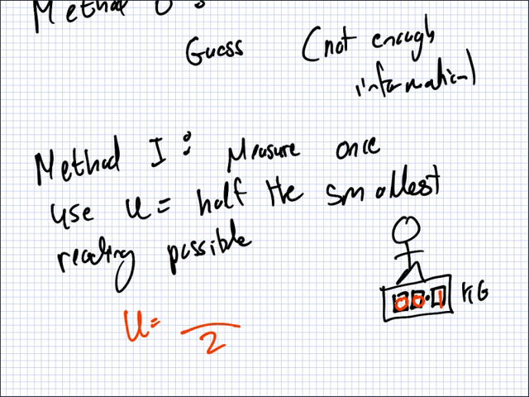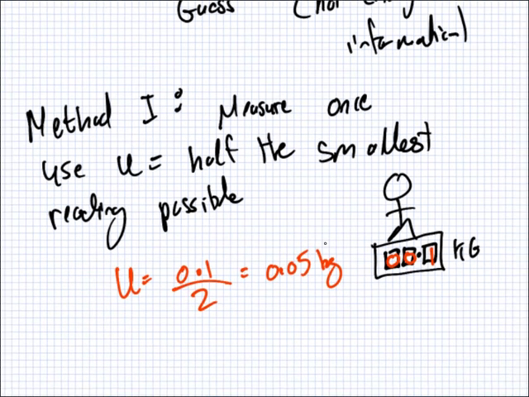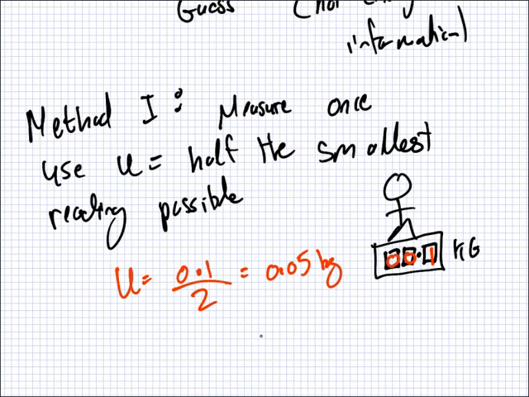That's the smallest value you can measure on the machine. So we say 0.1 over 2, 0.05 kilograms. So whatever Summer's mass is, do you know what it is, Summer? 75. 75 plus or minus 0.05 kg is what we would say Summer's mass is. Okay, is that okay? Yeah.